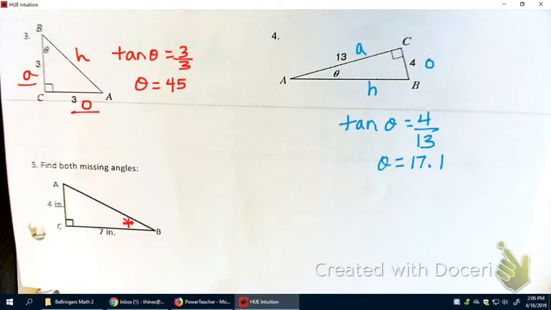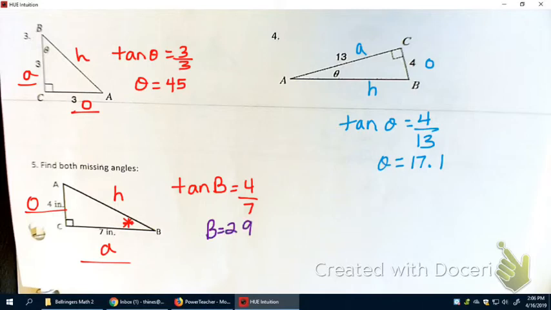Okay, on the last one, if we label, it doesn't actually have anything labeled. Let's just say we want to find B first. So this would be O, and then A, and then H. So we're going to say tangent of B is 4 over 7. So tangent inverse 4 over 7, and you get 29.7.